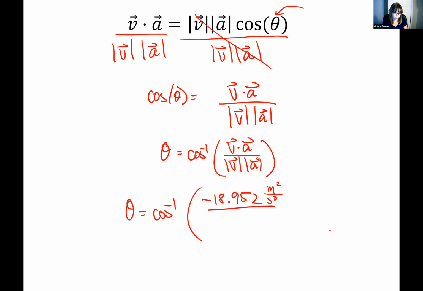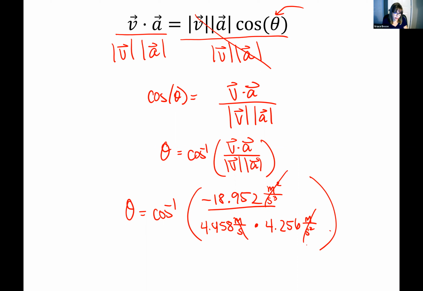For the norm of v, we got 4.458, and that was meters per second. For a, I let you do it, but you can check my answer. I got 4.256, which was meters per second squared. Notice that all these units cancel out, so the units in the top of the fraction cancel with the units in the bottom.